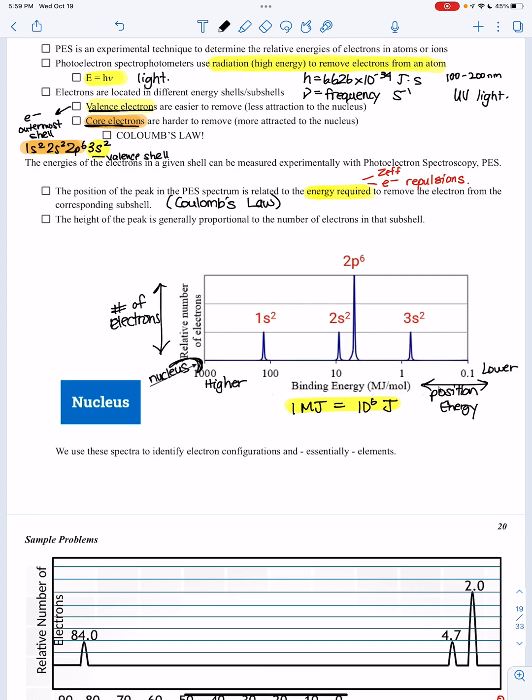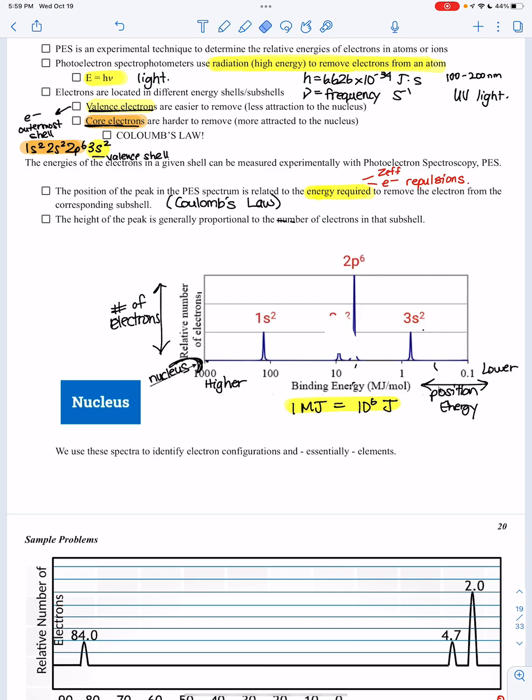Then these different peaks here are like the different shells, kind of like from the Bohr diagram. And the farther away they are from the end here on the left, the lower in energy they're going to be. So I'll just erase this. I just made little markings here.